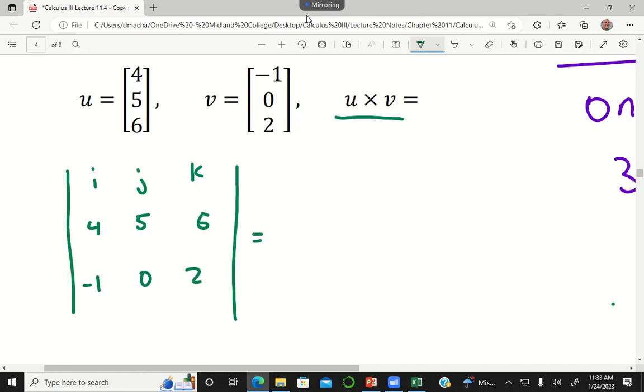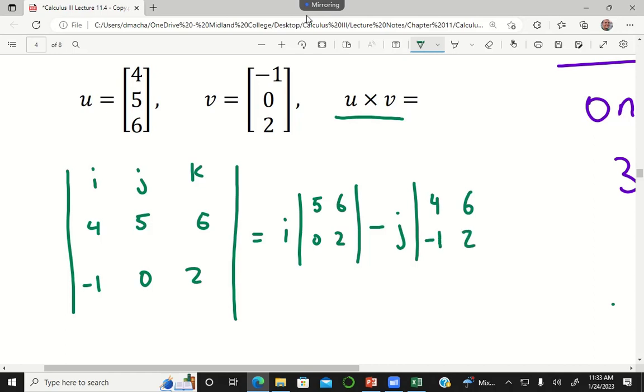So I'm going to have i times the determinant of 5, 6, 0, 2. And Leah's right, I'm going to have to write minus j times the determinant of 4, 6, negative 1, 2. And then plus k times the determinant of 4, 5, negative 1, and 0.